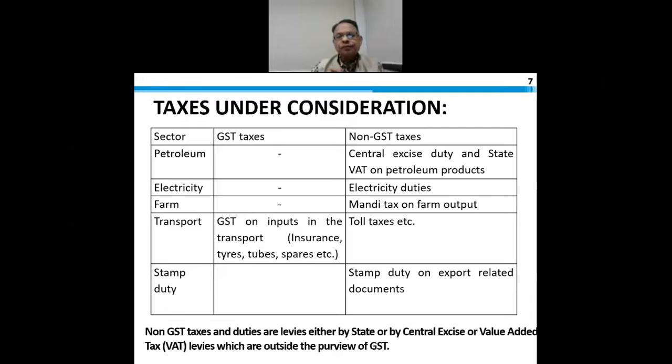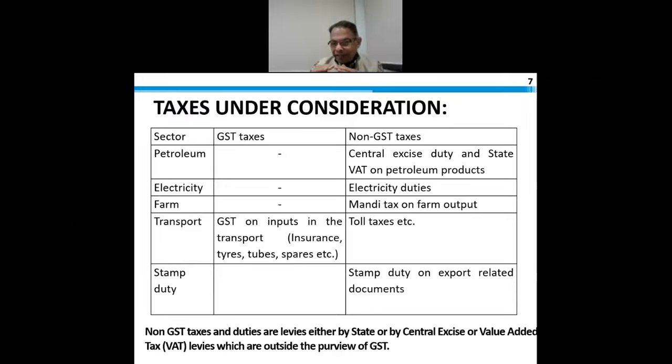Just think of, even if you are paying 10% electricity duty and your total electricity cost of manufacturing, if I want to calculate it with reference to the value. So petroleum products and electricity duty, these are two very critical aspects.